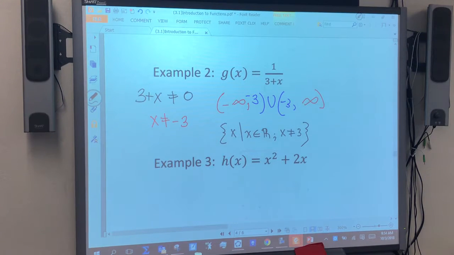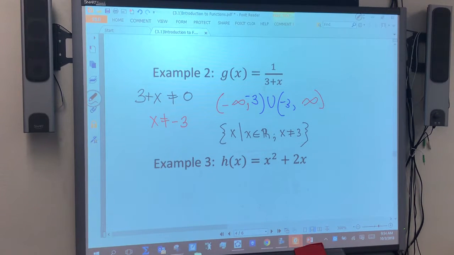Okay. Example 3 there. Assume all real numbers, right? Assume all real numbers is my domain, and then I start going through the 2 restrictions that we have: even roots, okay, and division by 0. Do either of those show up there? No. There's no root, there's no division, so do I kick anything out?